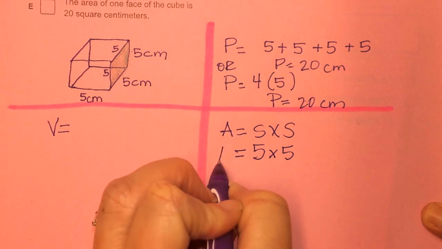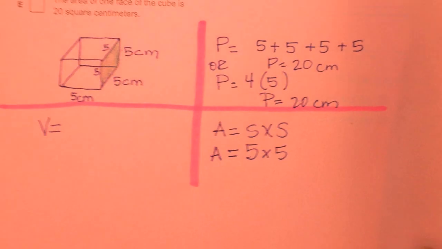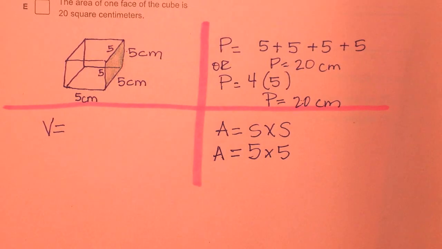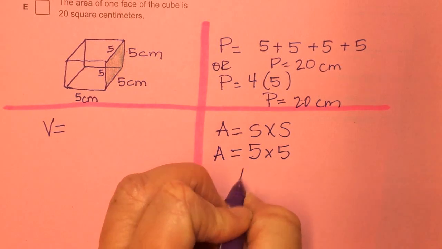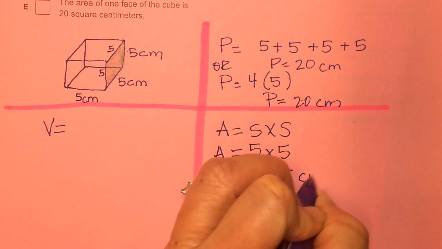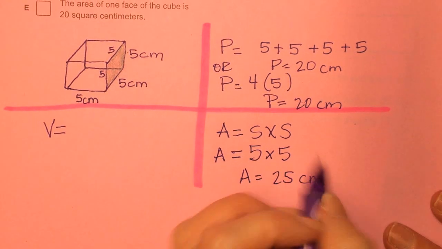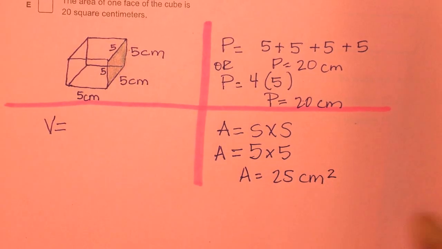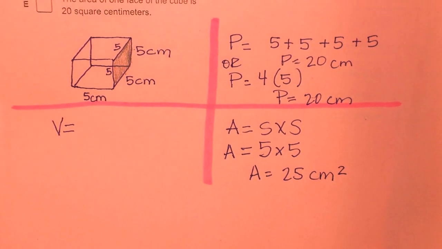And so I multiply to get those numbers. What is 5 times 5 going to give me? Maddie. 25. Notice it is different than the perimeter. Hardly ever will the perimeter and the area be the same.